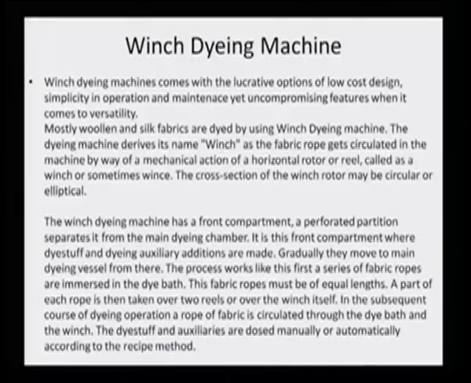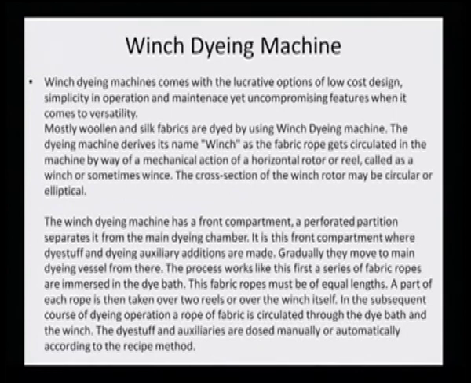So, the winch moves in a little slower manner, but the rotation process is quite similar, and that causes the dye uptake in a very uniform manner. The winch dyeing machine comes with the lucrative option of low cost design, simplicity in operation and maintenance, yet uncompromising features when it comes to versatility. Woolen and silk fabrics are mostly dyed using the winch dyeing machine.